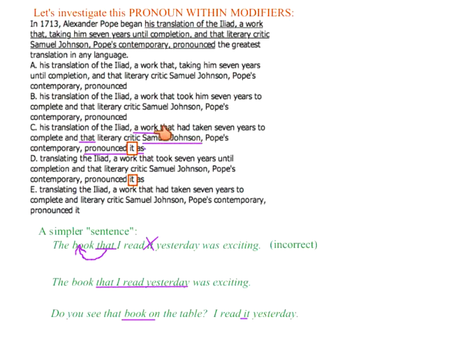If we look here, this is a much longer sentence with a lot more stuff going on, and there's another half of the parallel structure in the way. But the same thing is happening in choices C and D as is happening in this incorrect choice. You have the book that I read it, in other words, the book that I read the book.